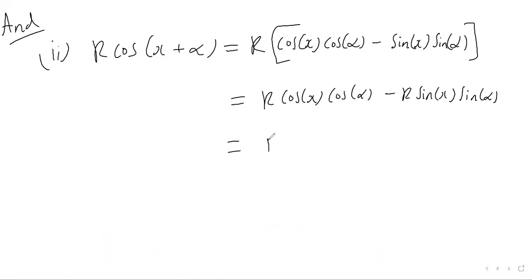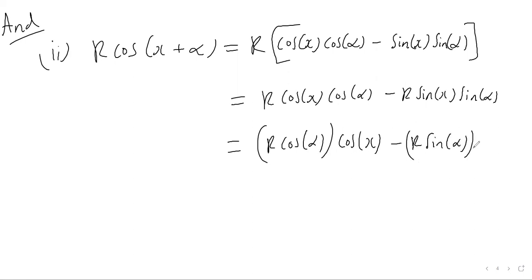So we get an r cos alpha, and then times that by this cos x there, and then subtract this bit here, this r sine alpha, and then times by this sine x at the end there. Okay, so we've got all that so far.